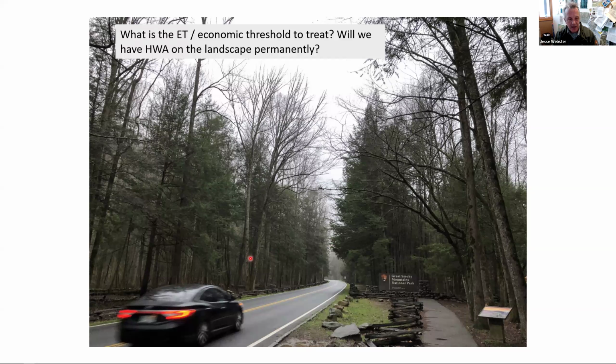We've got an actual entry in our database. This is one conservation area, and we're able to outline the treatment cost on that area, if it's needed again. But again, we're probably going to have HWA on the landscape permanently. It's something to think about.